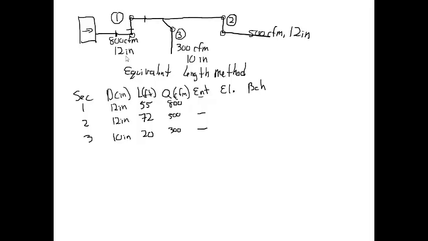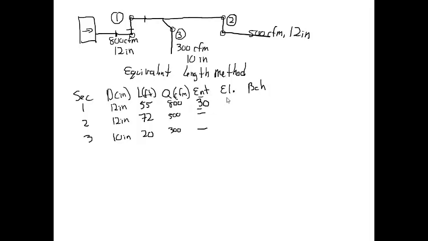Abrupt entrance is the first entry underneath entrances, and 12 inches is the largest diameter on the chart, so that's all the way on the right-hand side. You should see an equivalent length of 30 feet.